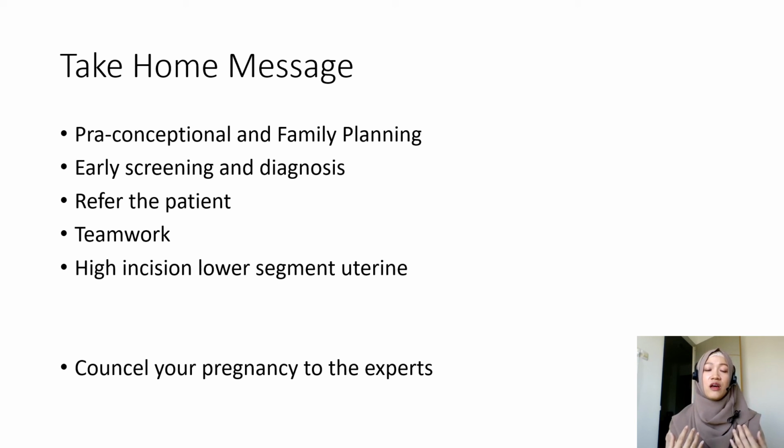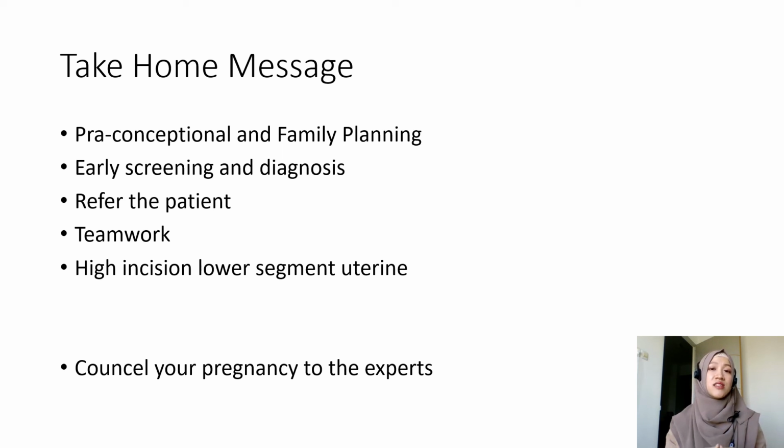If we find it in early pregnancy, we can act, whether we terminate the pregnancy before it grows into placenta accreta spectrum disorder, or refer the patient to a higher facility hospital, because this is not about the best doctor to handle this PAS disorder, but it is about the teamwork.